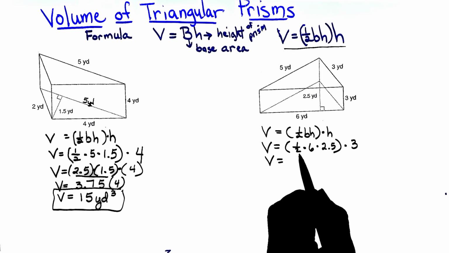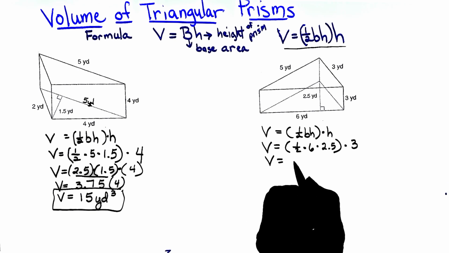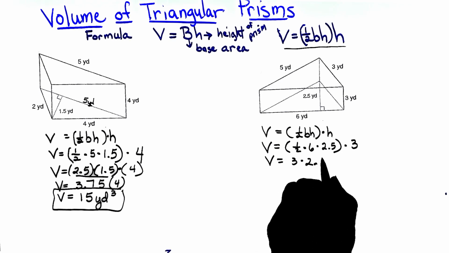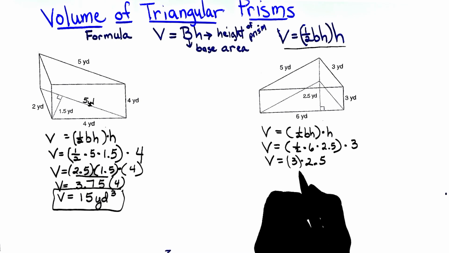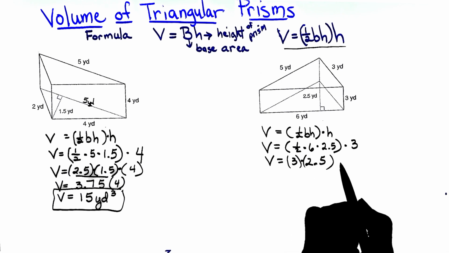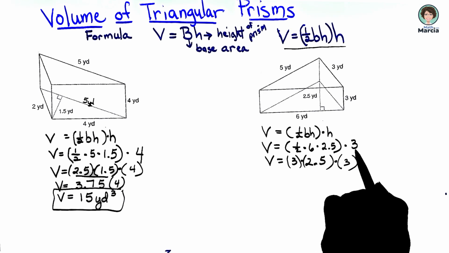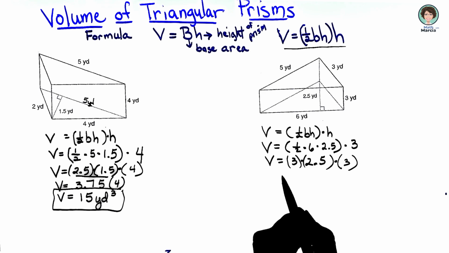All right, let's start by simplifying the area of our triangle. Well, we know 1/2 of 6 is 3, so we are going to multiply 3 times 2.5, and I like to put them in parentheses so I can see that that means multiplication, and then we're going to multiply it times 3 in the end. We want to make sure we don't forget about multiplying it by the height. So I like to have everything down there where we need it.